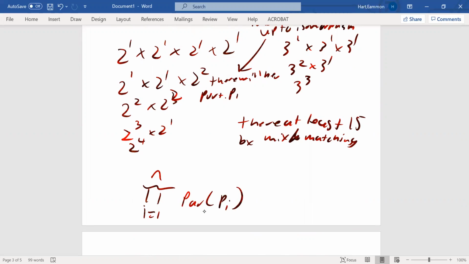Oh wait, I thought, yeah. I guess I was looking at them not as mixing and matching with the other partition of the other number, but just comparing them, and they're not isomorphic to each other at all. Oh yeah, they're definitely not isomorphic to each other. That's what was confusing me.